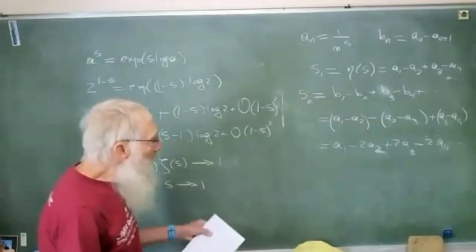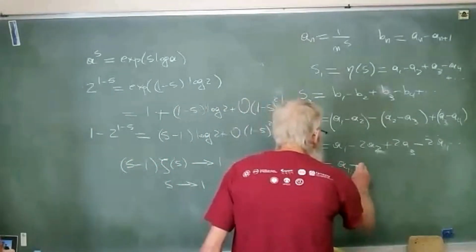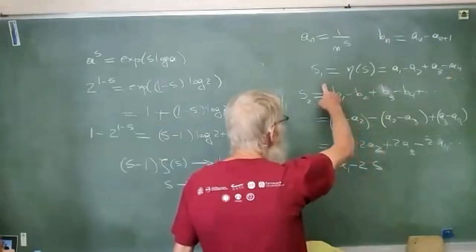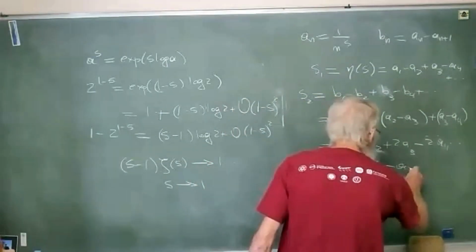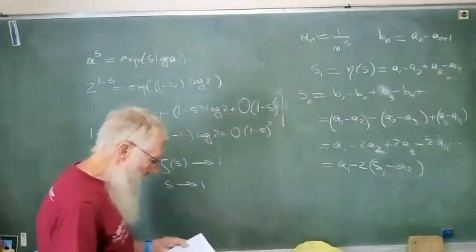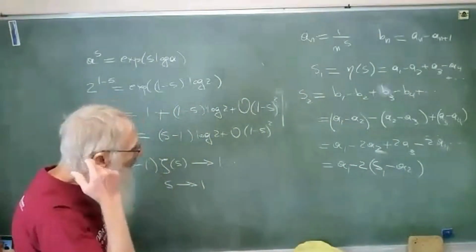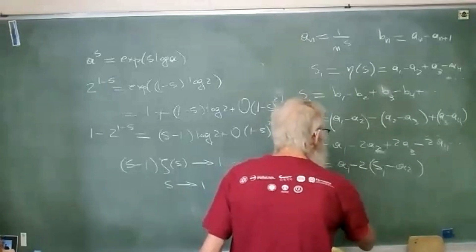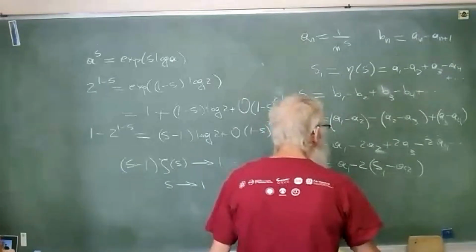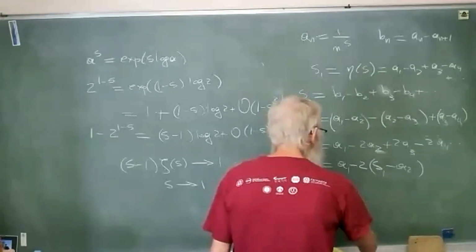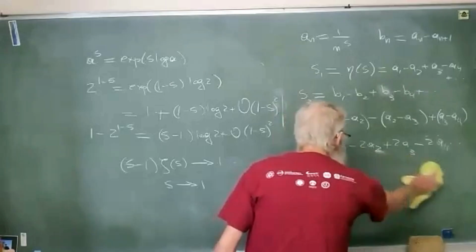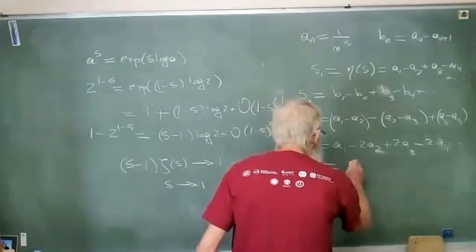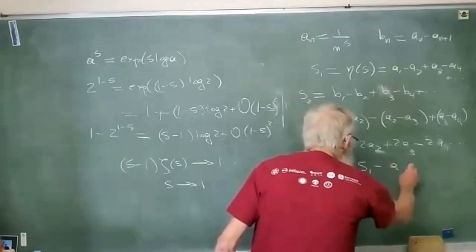So this is S2. Maybe it's better to write it like this: I pretend that I have 2A1, and then I get 2S1 minus A1.